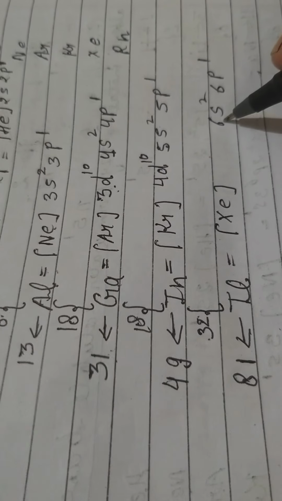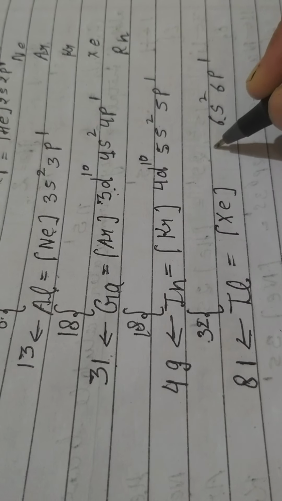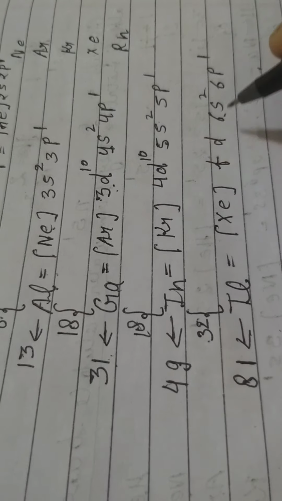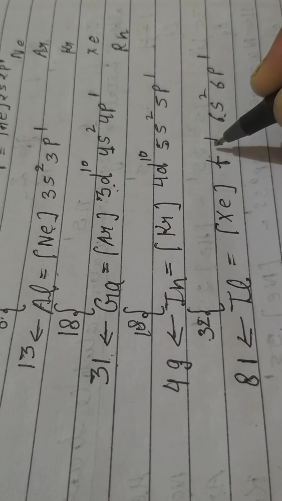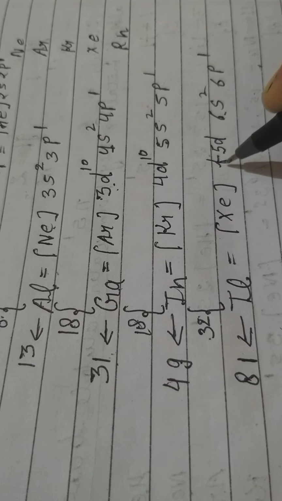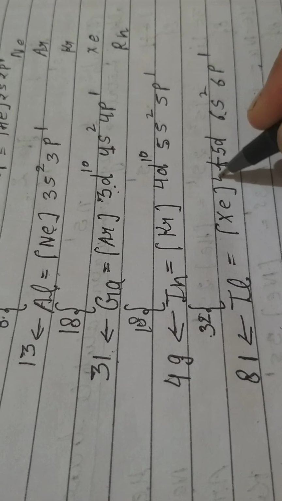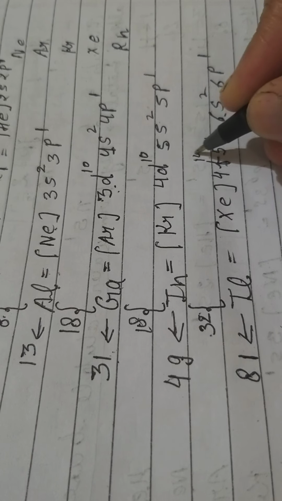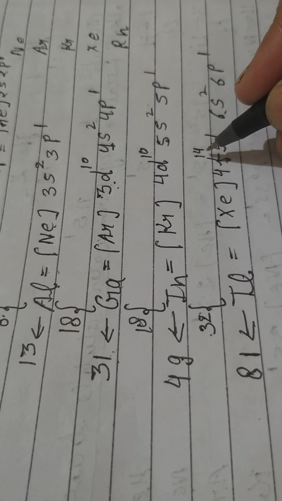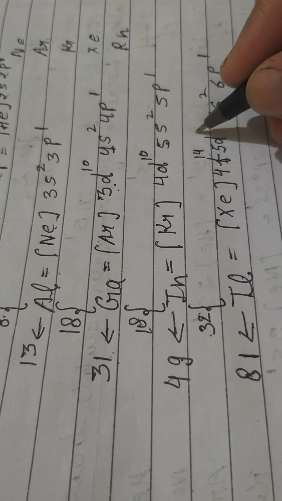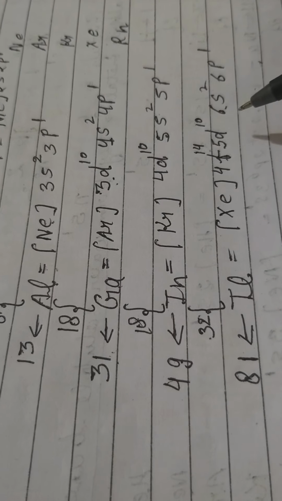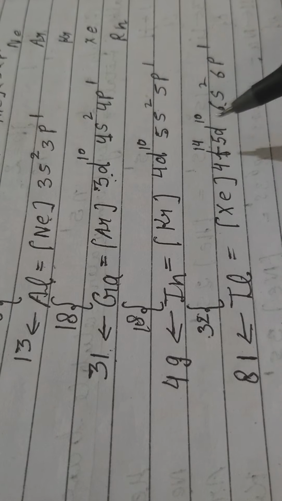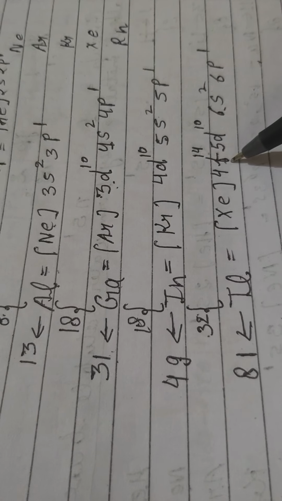But as we talk about the sixth period, D as well as F will also start. So before 6, what number comes? 5. Before 5, what number comes? 4. So that is to be written here, 4F14, because there are 14 elements in the F block and 10 elements in the D block.